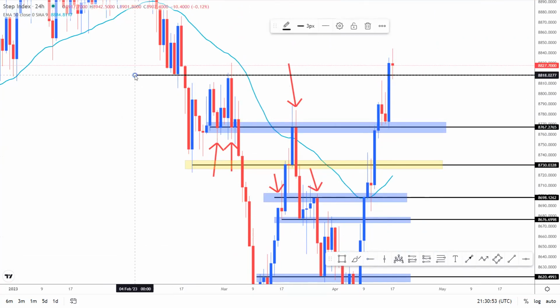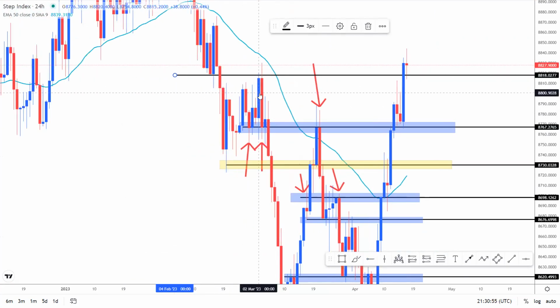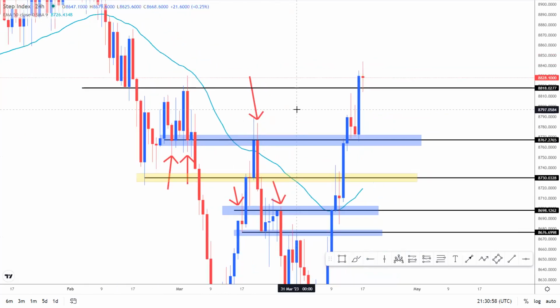I am not making this up. You quickly go and identify the next key level above that level, having seen a daily candlestick close right above the level.